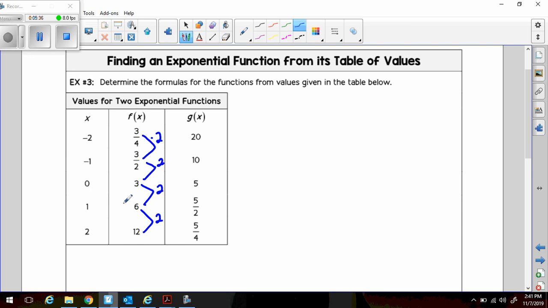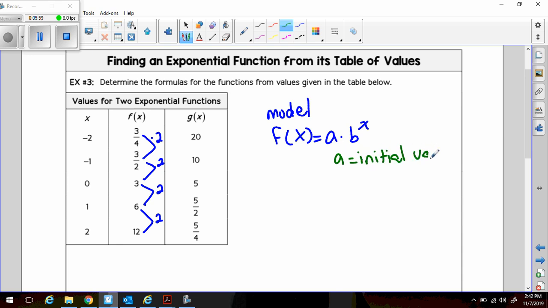Okay, so we want it to be in the model f of x equals a times b to the x, where a is the initial value, when x is 0.